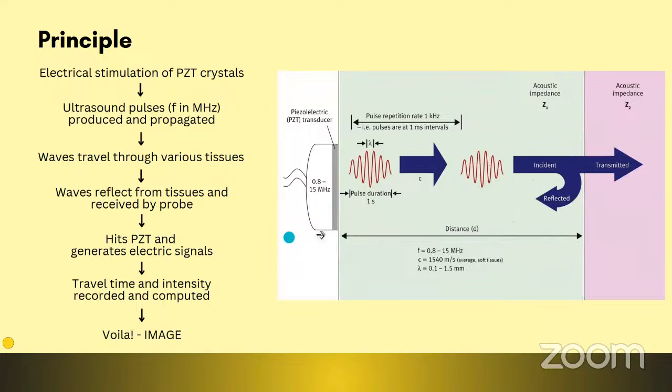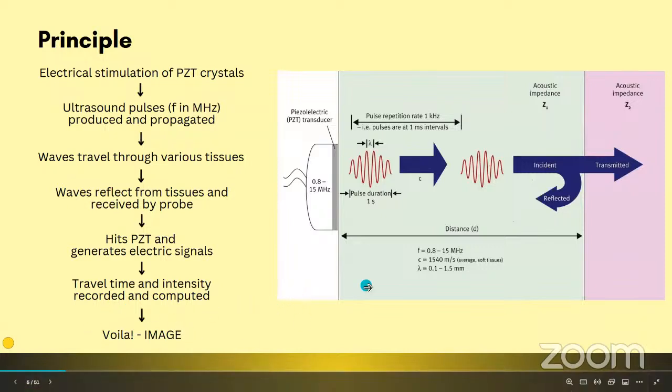With this time, it will also take the intensity of the reflected ultrasound pulse. So the computer would generate the distance as well as the intensity count between 0 to 1. And finally, we get a grayscale image or the values corresponding to it.